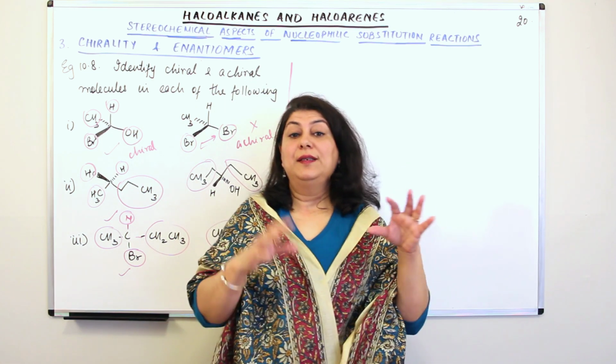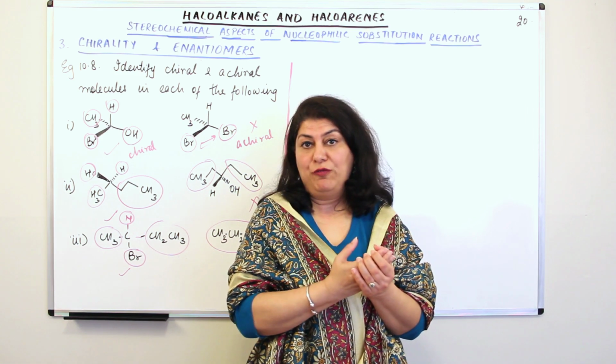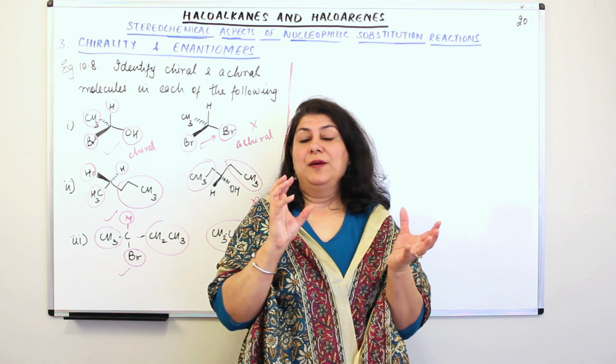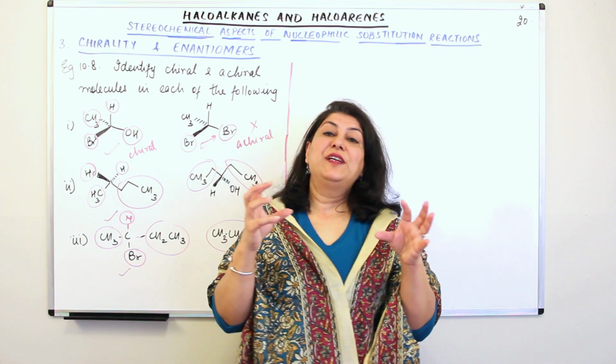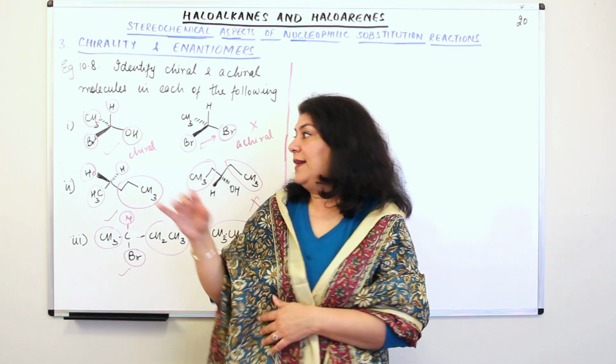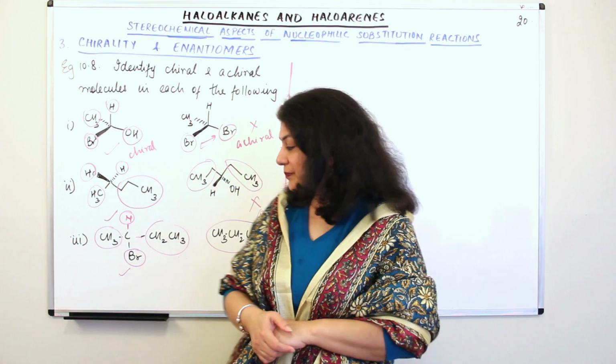Stereoisomers are compounds that have the same molecular formula, but due to their different stereochemistry they have different optical properties, and such isomers are known as enantiomers.